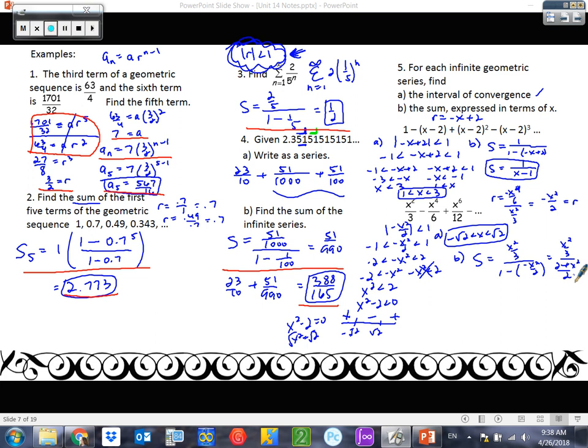So I flip and fix that, and I get my sum to be 2x squared over 3 times 2 plus x squared. And really there's no need to multiply that out, I mean, you can if you want to, but it's not necessary.